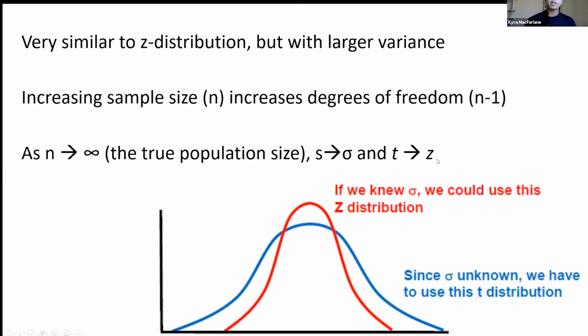You can think about this as if there's a population of 100 and your sample size starts at 30 and then it's 40, then 50, 60, 70, 80, 90, 100. Eventually your sample size is just the population size, and at that point you're just calculating population statistics.